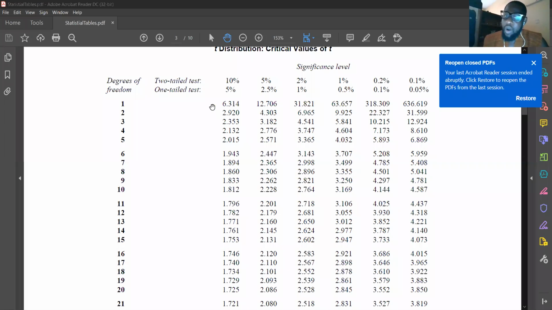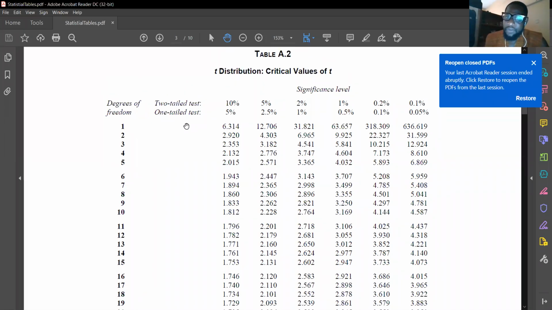You are supposed to use the critical value table. Although our emphasis is on ANOVA, go through the formula table and use the critical values of T table, because we are solving for LSD and we want the T critical. Our focus should be on the critical values of T, not F.